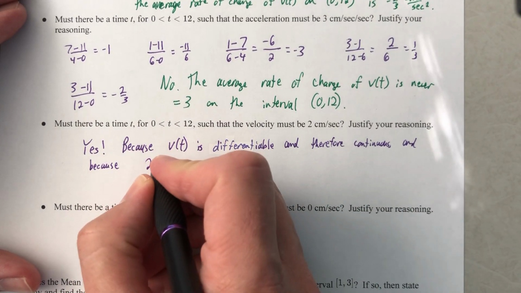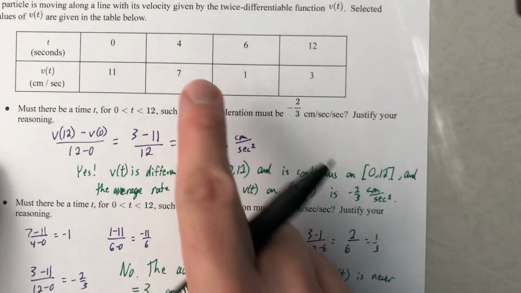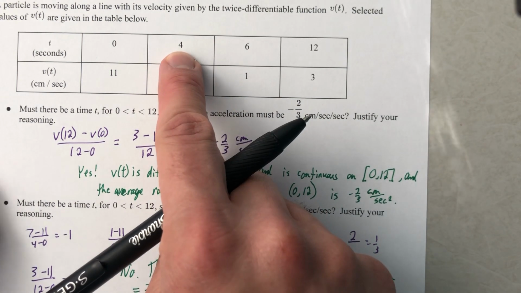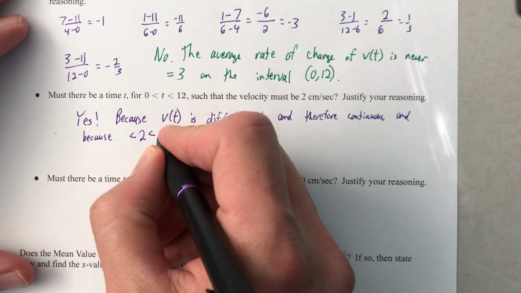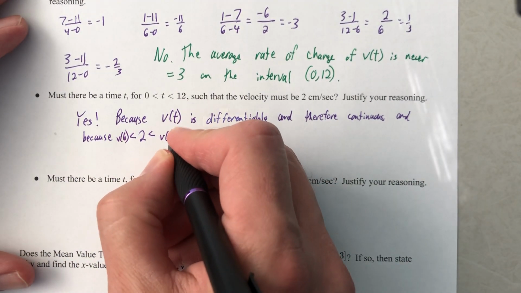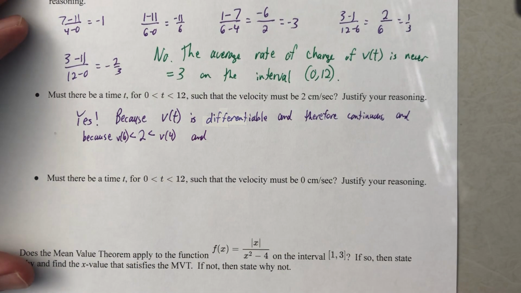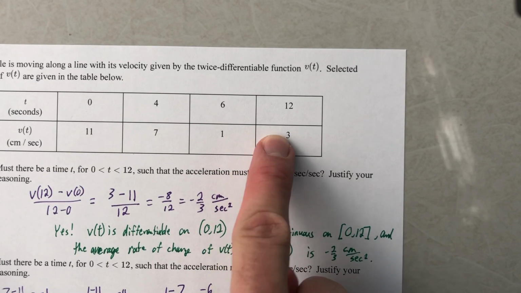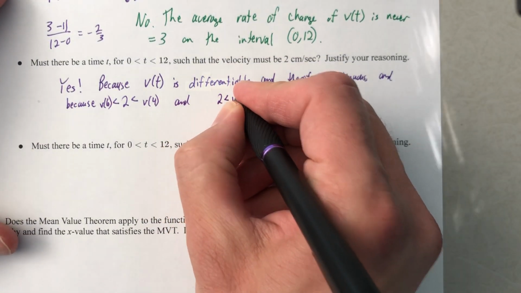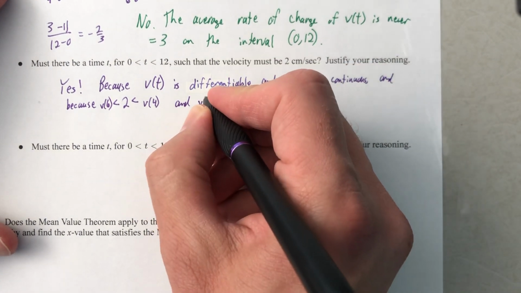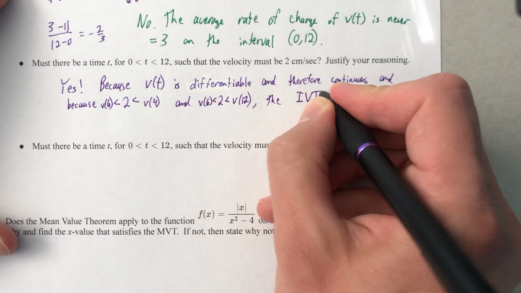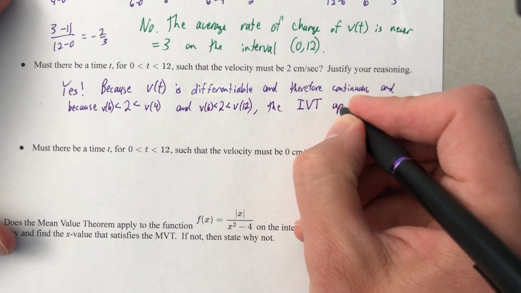Because 2 is between v of 6 and v of 4. V of 6 is actually the small one, and v of 4 is the big one. And we have some more betweenness going on here, between v of 12 and v of 6. And 2 is between v of 12, that's the bigger one, and v of 6, which is the small one. The intermediate value theorem, you can abbreviate it on the test, applies.